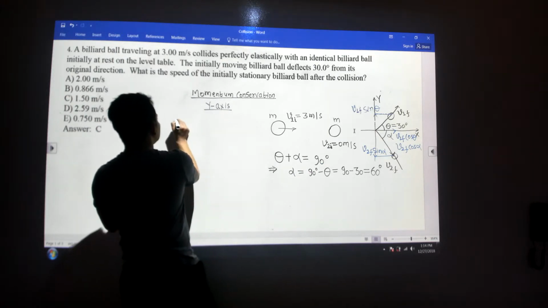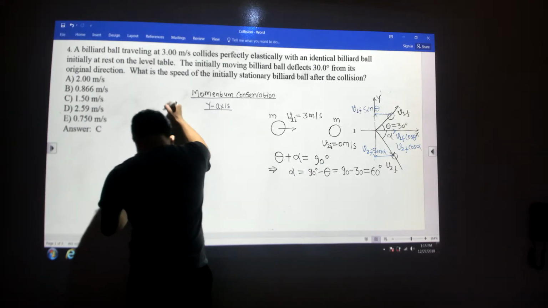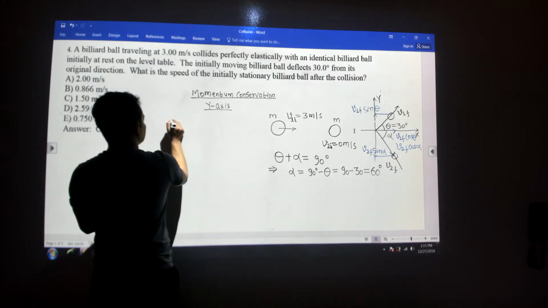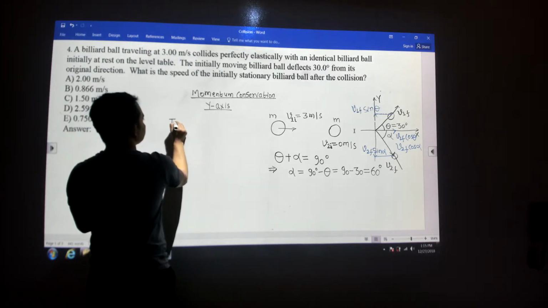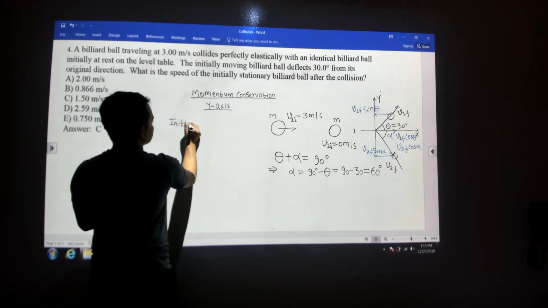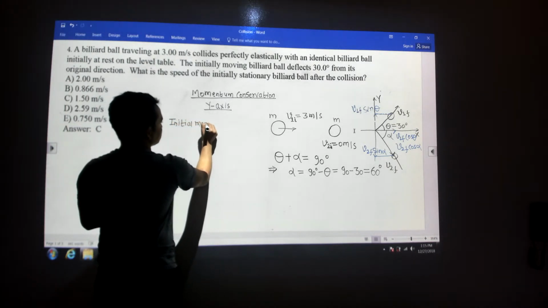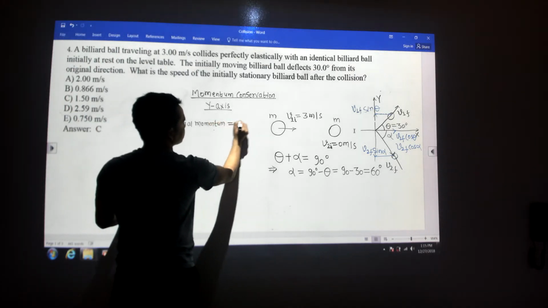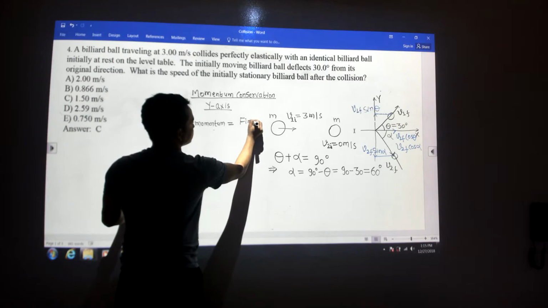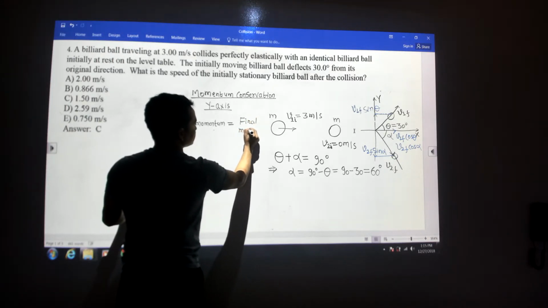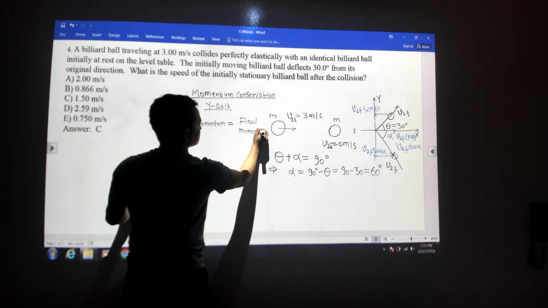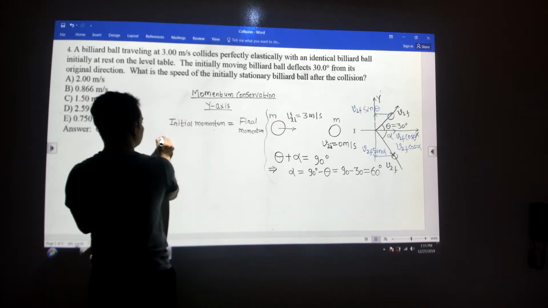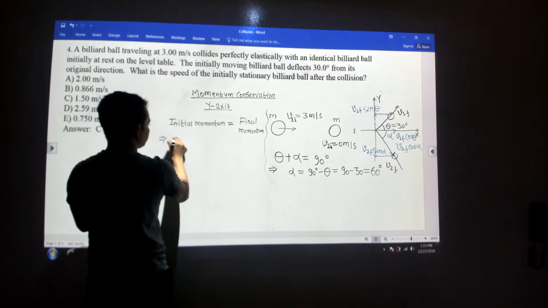So the initial momentum has to be equal to the final momentum along the y-axis. The initial momentum is 0.